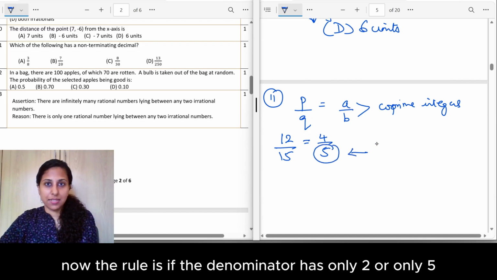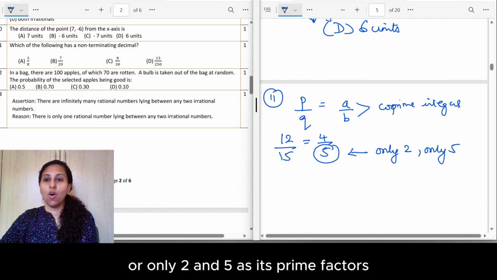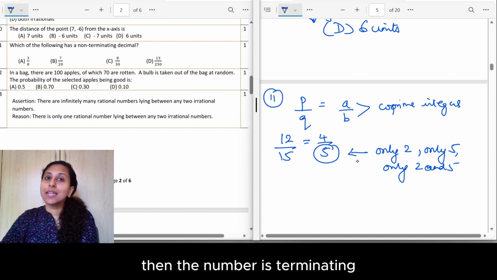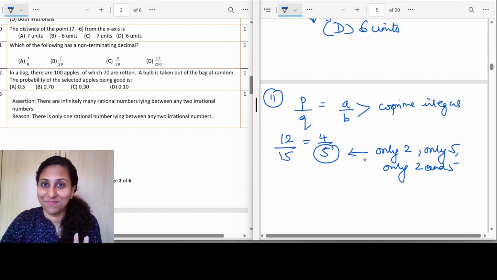Now, the rule is if the denominator has only 2 or only 5 or only 2 and 5 as its prime factors, then the number is terminating.